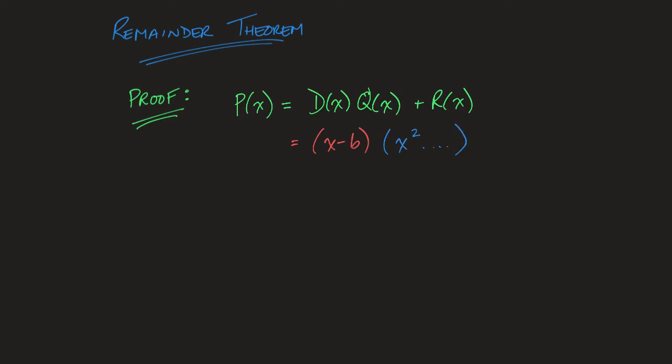It was always quadratic. And I'm going to argue to you that it was always quadratic because your original was always cubic. And so it should make sense that if we were to take a linear expression times a quadratic expression, we would get a cubic expression. However, we want to deal with remainder theorem for any type of polynomial.